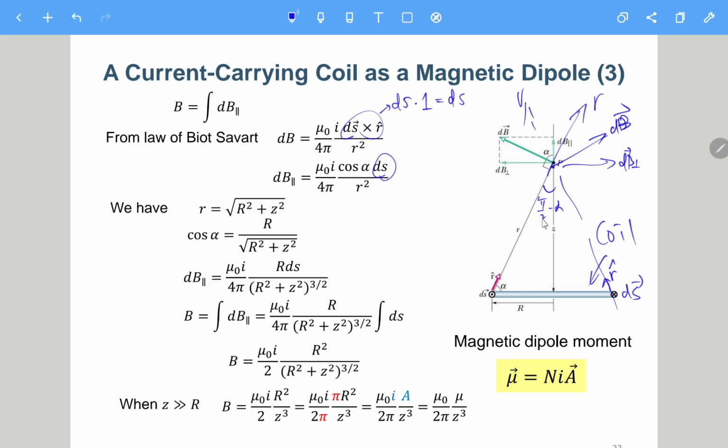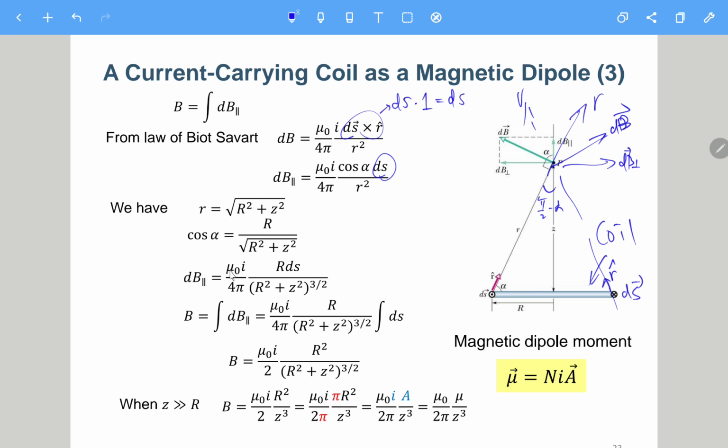This is another right-angle triangle, so this one is also alpha, which means that cosine alpha will be capital R over small r. So cosine alpha will be capital R over the square root of capital R squared plus z squared. We can also plug in this one to here, and all these terms are constant, so we don't need to worry about them.